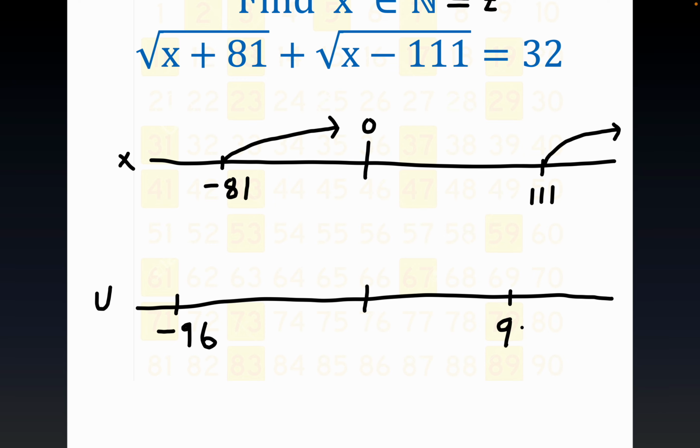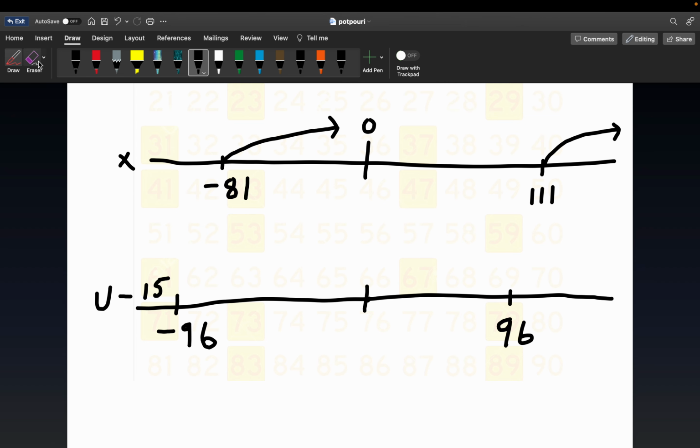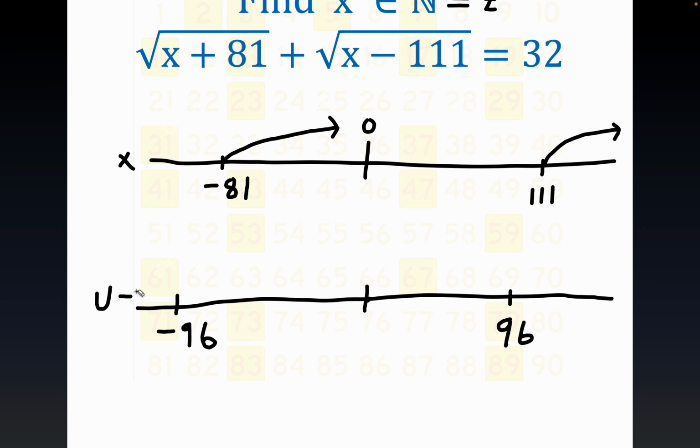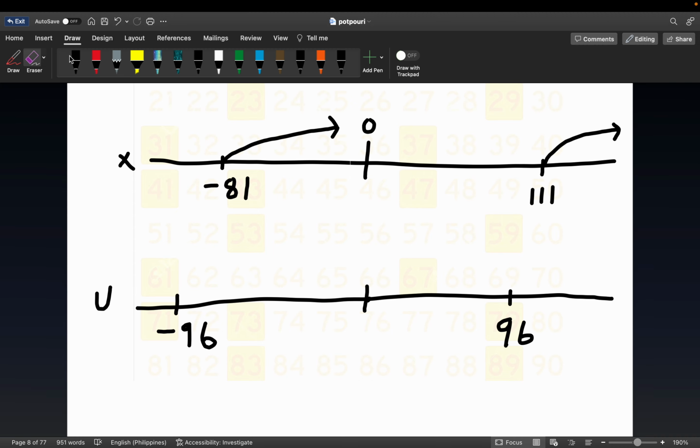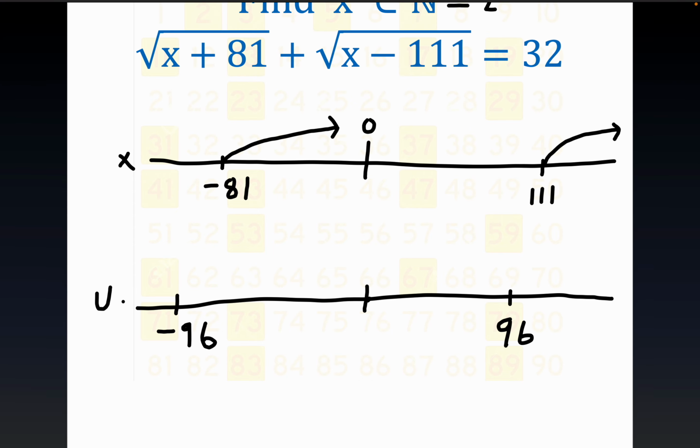So this is symmetry. We're talking about the origin on just the real number line. You can think of this as the u axis, and it's probably better to write it like this: u equals x minus 15.